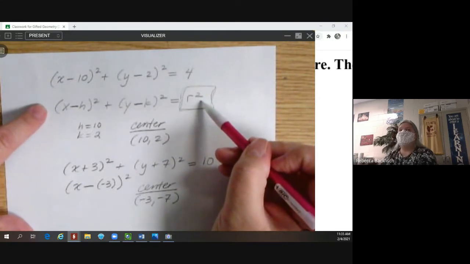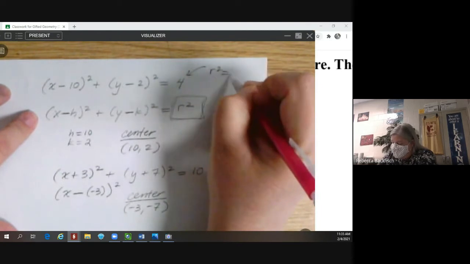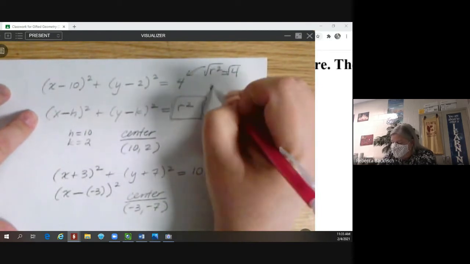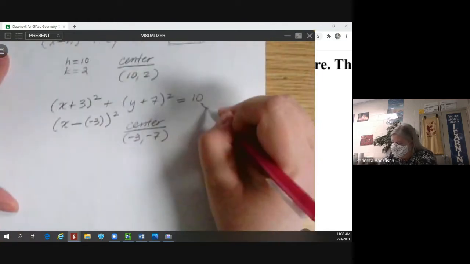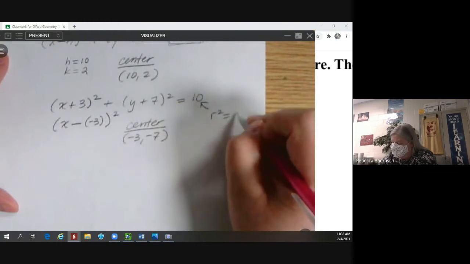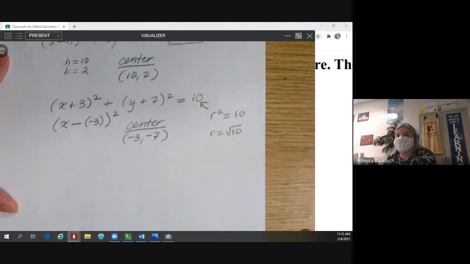So if you're taking the information out of the equation, you have to realize, okay, this is the radius squared. So my radius is actually 2. Okay, so here 10 is the radius squared. So the radius is square root of 10.